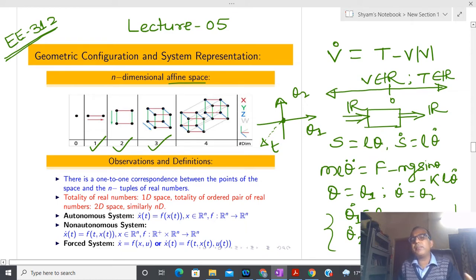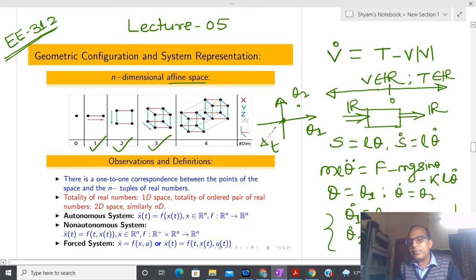But for the time being, just assume that I have a space where the origin is not fixed, but I can define the distance between 2 points the same way we defined it in school. Suppose I have to define the distance from here to here. At that time we represent it as the square root of theta 1 minus 0, theta 2 minus 0, squared. So we will see that later, but for the time being, please do not worry about it.